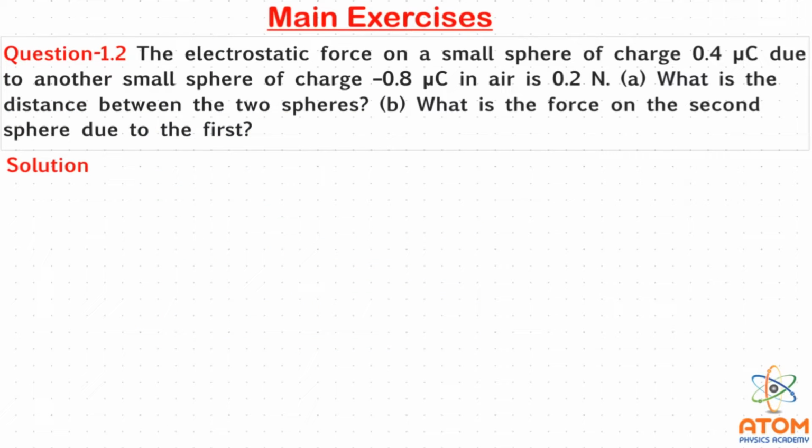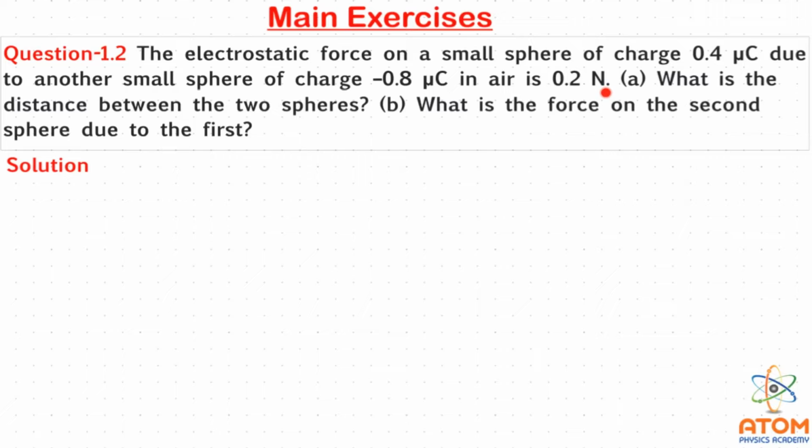Another question is, the electrostatic force on a small sphere of charge 0.4 microcoulomb due to another small sphere of charge minus 0.8 microcoulomb in air is 0.2 Newton. Means the force between these two charges is given as 0.2 Newton.